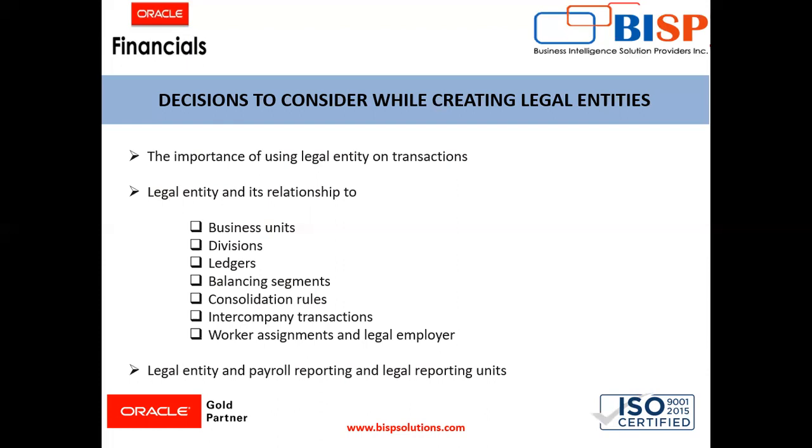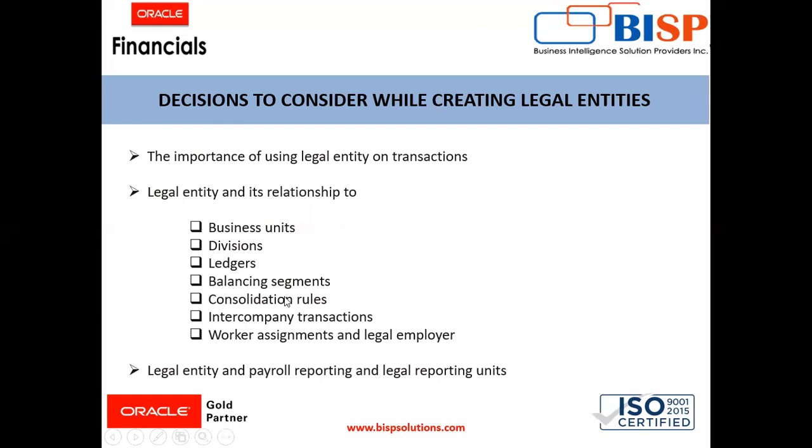Now, we have to establish a relationship between the legal entity and the ledger. Our major responsibility is to file financial statements for our legal entities, so it is mandatory to map our legal entities to specific ledgers used in the GL application.